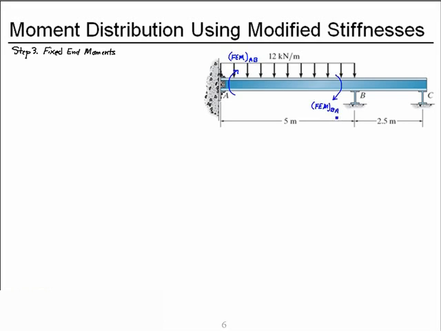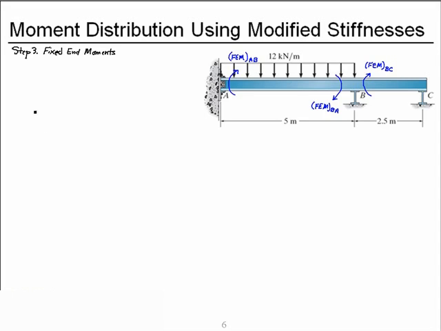I have a fixed end moment at node B in member AB, and we'll have a fixed end moment at node B for member BC, but not at node C because we're using the modified stiffness for this element.